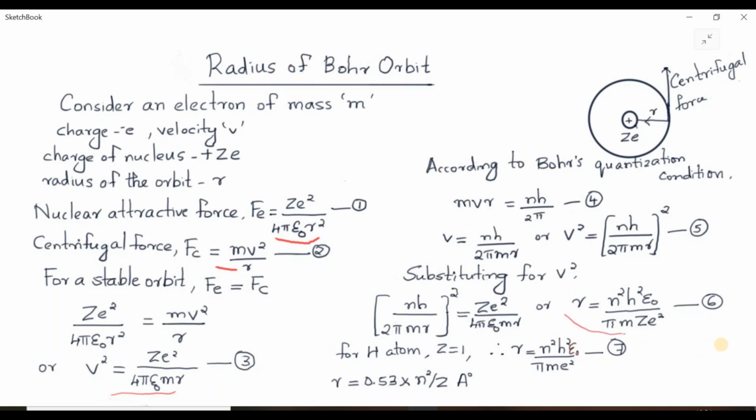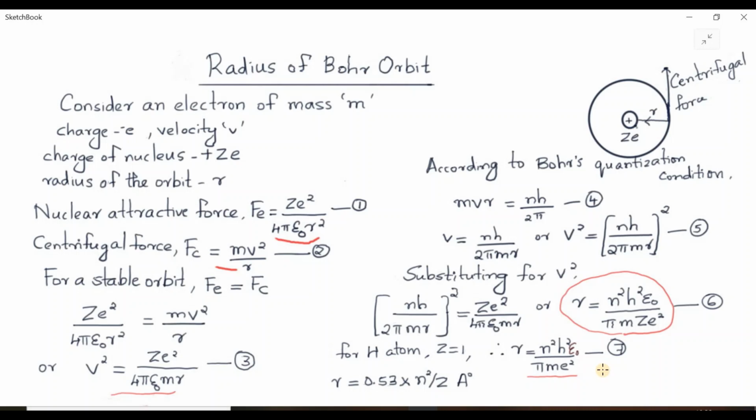So this is the expression for the radius of the Bohr orbit, where r is the radius of the nth Bohr orbit. For hydrogen atom, Z is equal to 1. Therefore, r is equal to n square h square epsilon naught by pi m e square.